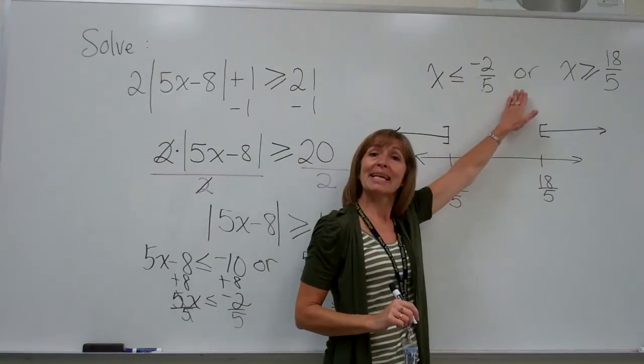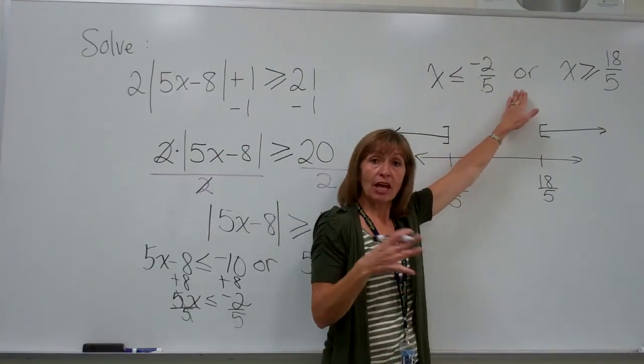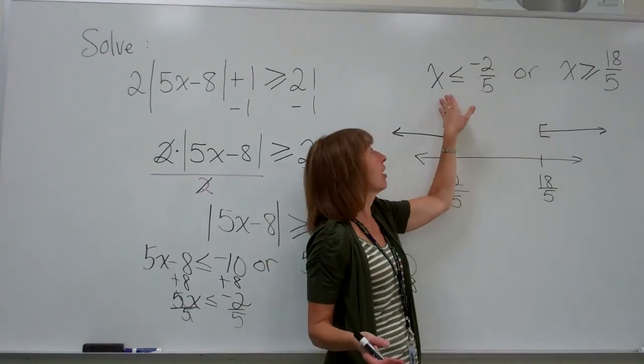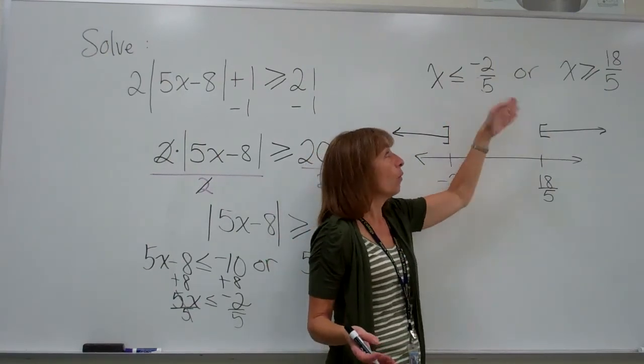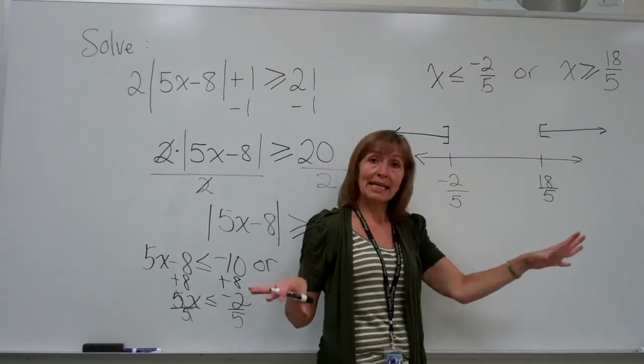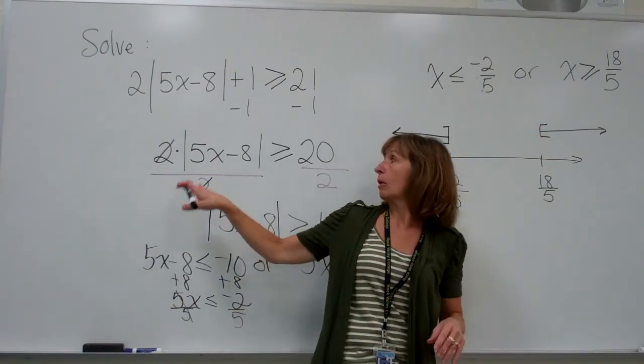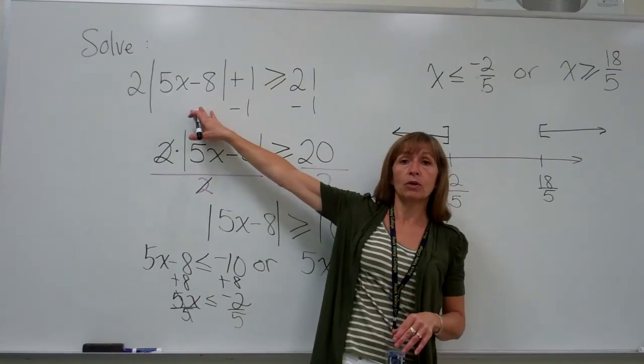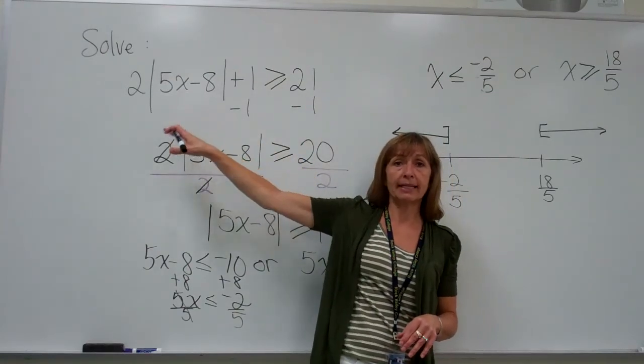But "or" means the same thing as union. Whichever you have, either the x's are less than or equal to negative 2/5, or if you pick x's that are greater than or equal to 18/5, either of those types of numbers from those spans would work in our original inequality.